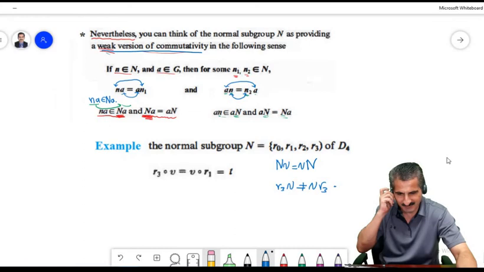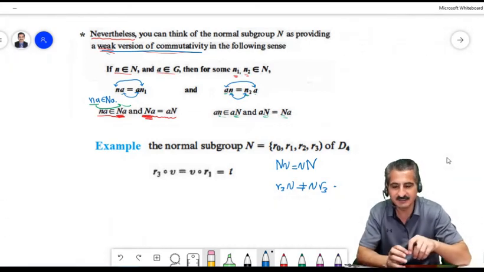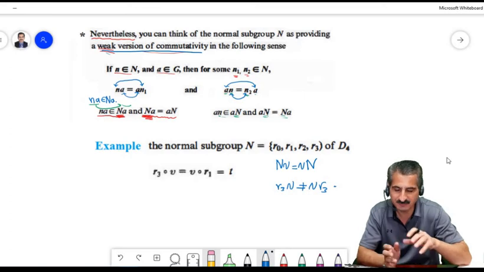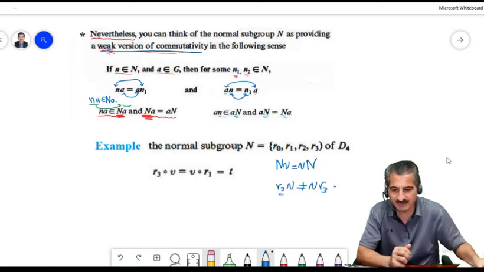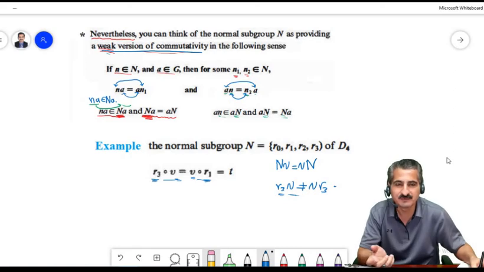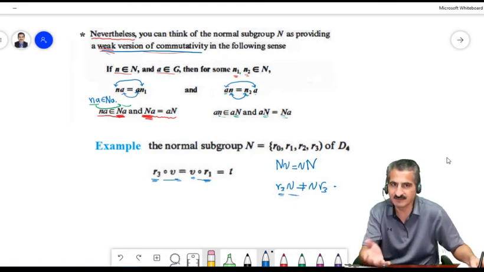We always like commutativity, but it might not happen. But in the case of normal subgroups, left coset equals right coset, and we can replace that with a weaker version of normality. See here, R3V does not equal VR3, but R3V equals V times another element of N. So R3V equals VR1. So it is kind of commutativity in here.